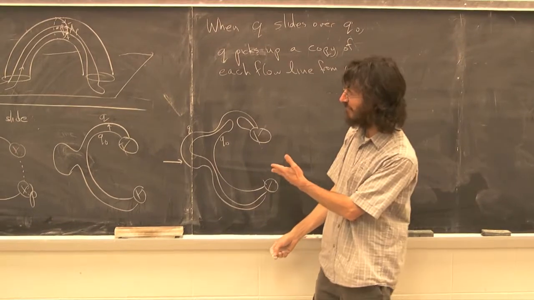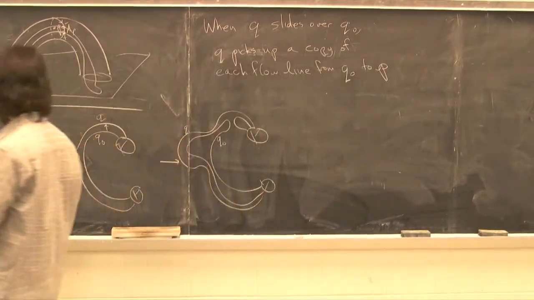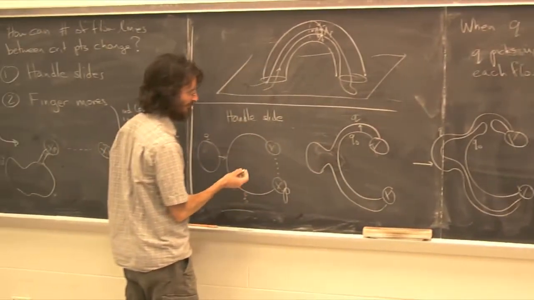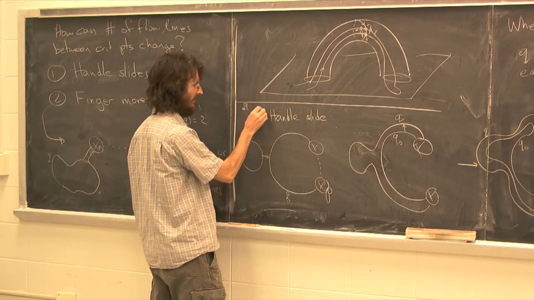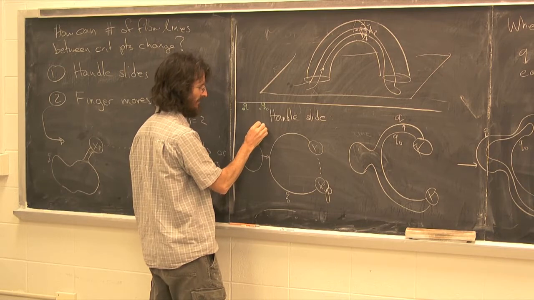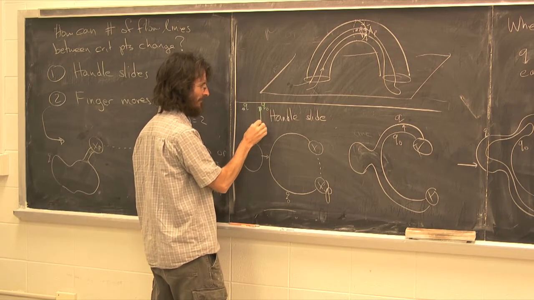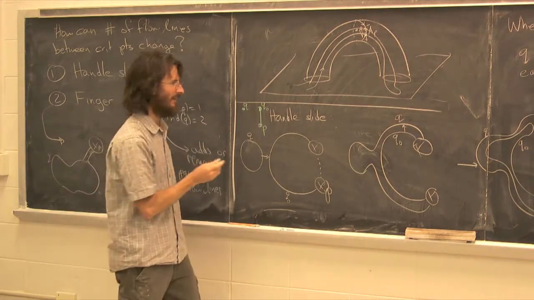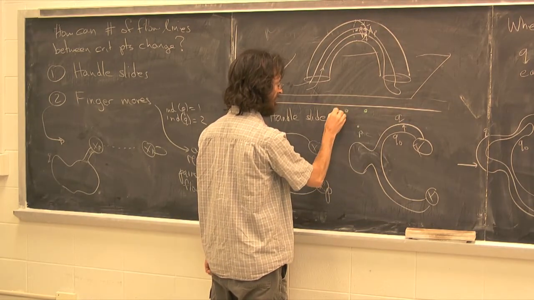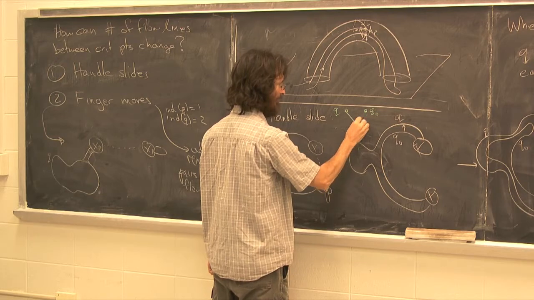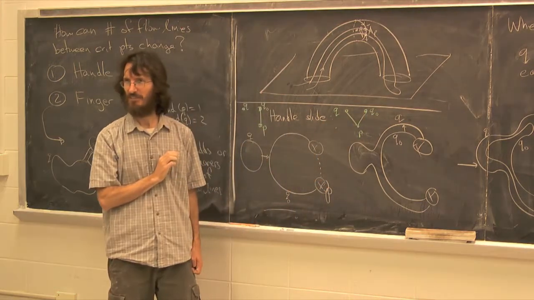So, what did I do now? Here I had, we can make a little picture of flow lines. Here I had Q, Q0, and P, and I had just a flow line from Q0 down to P. Now I have Q, Q0, and P, and I have a flow line from each one down to P.